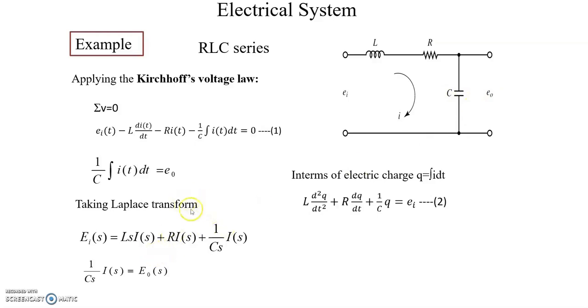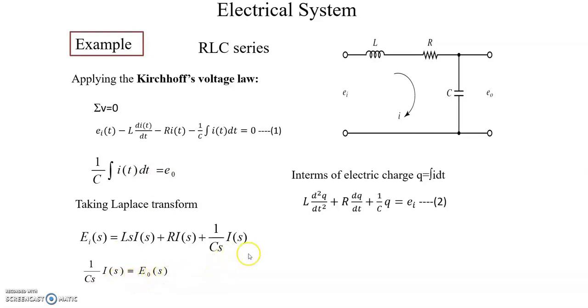Now taking the Laplace transform of the first equation: Ei(s) is equal to LsI(s) plus RI(s) plus 1/(Cs) I(s). Next, take the Laplace transform of the output equation: 1/(Cs) I(s) is equal to E0(s).